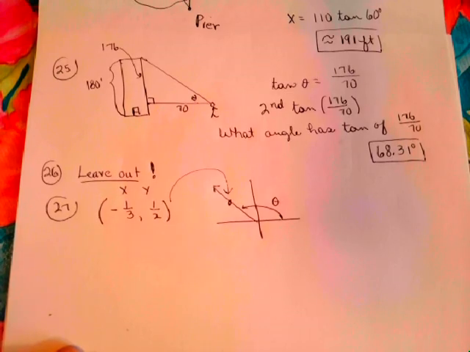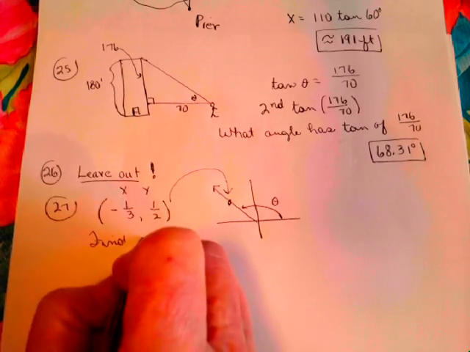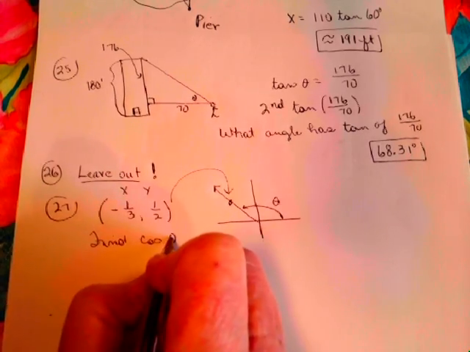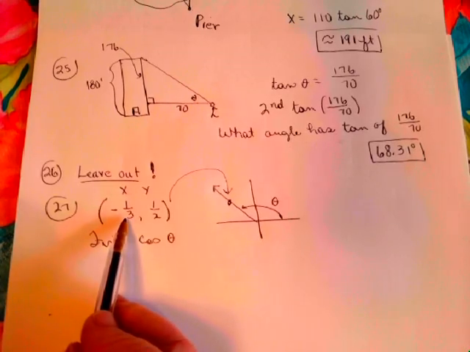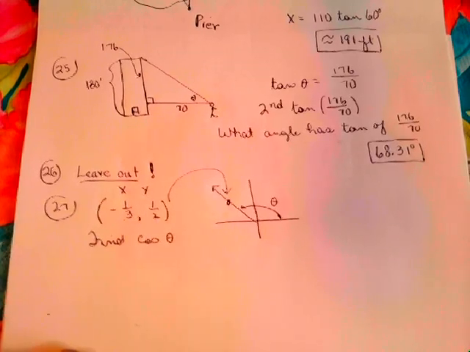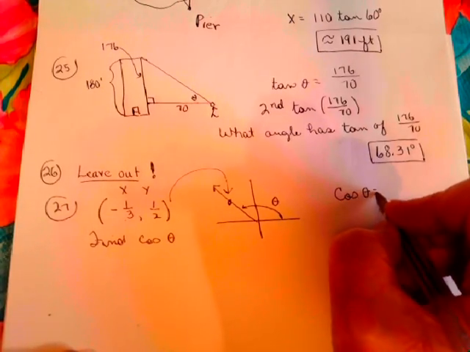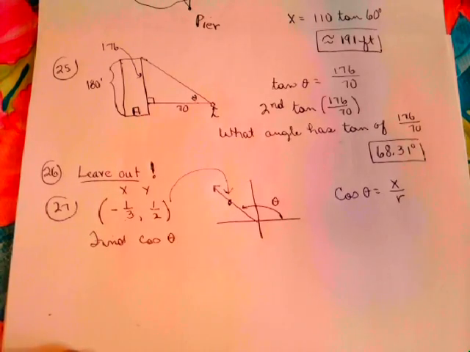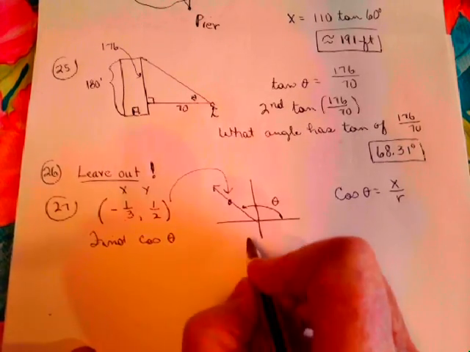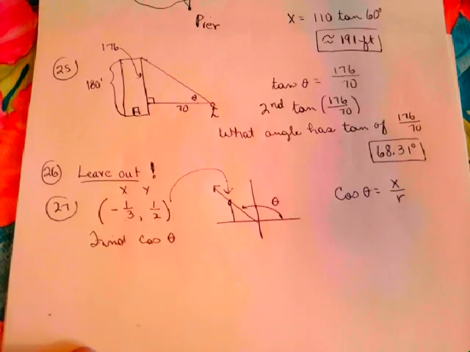Find the exact value of the indicated trig function. They're wanting me to find cosine of theta. I have been given x, I've been given y. You know that cosine of theta equals x over r. You know that you need to find r.